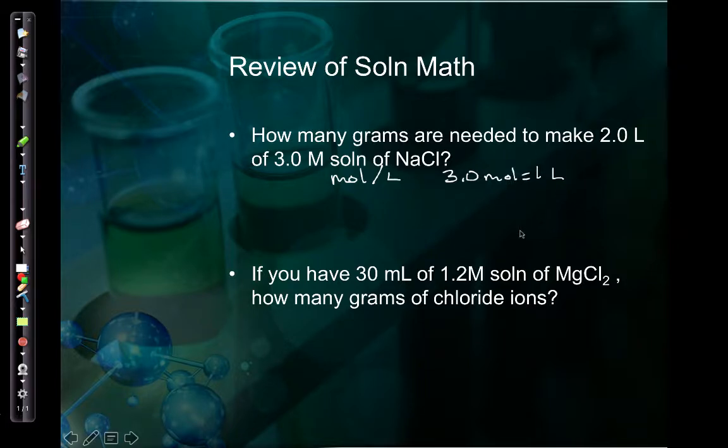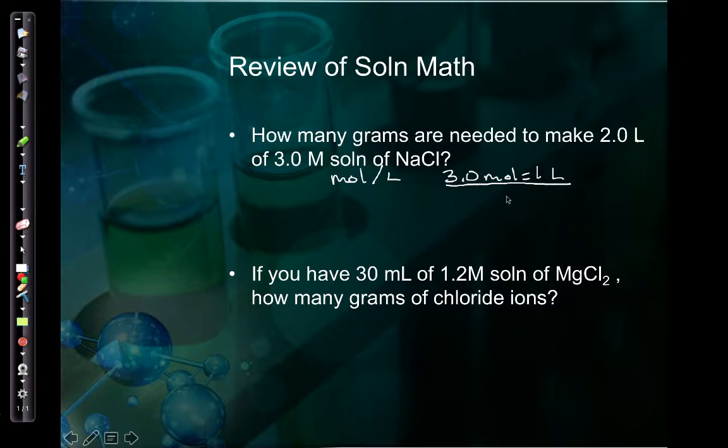The question asks how many grams of sodium chloride are needed to make 2 liters of the 3 moles per liter solution. If I know I'm trying to make 2 liters and there's 3 moles for every 1 liter, I can figure out how many moles of sodium chloride I need and then find the grams.